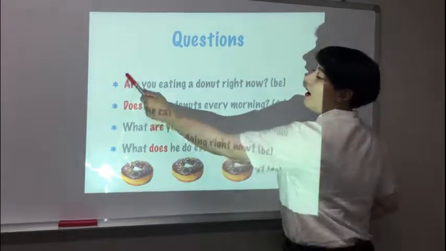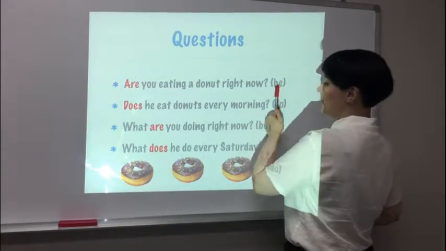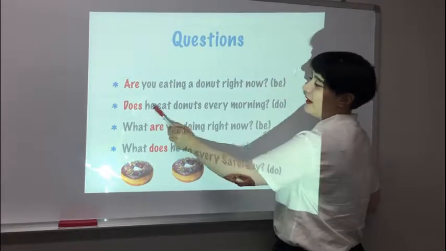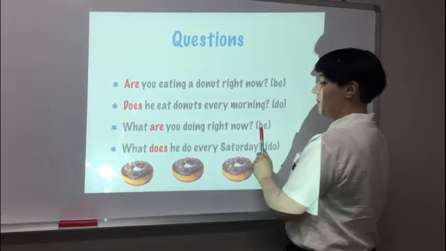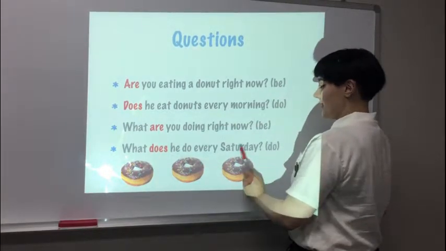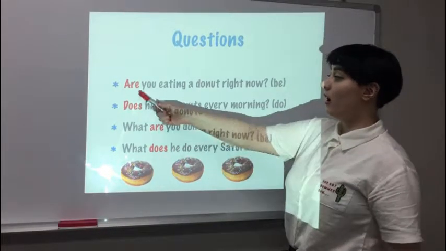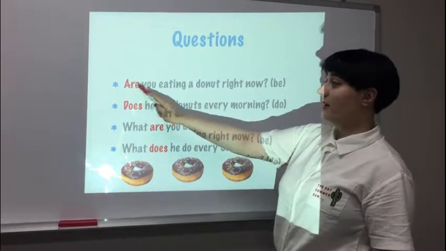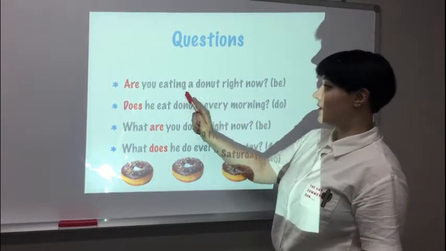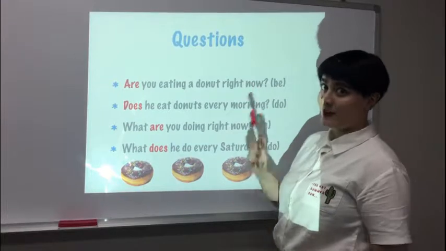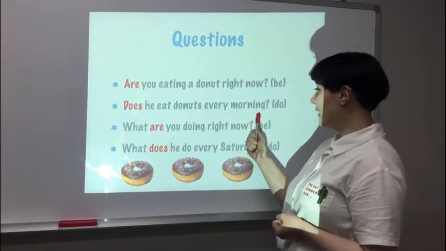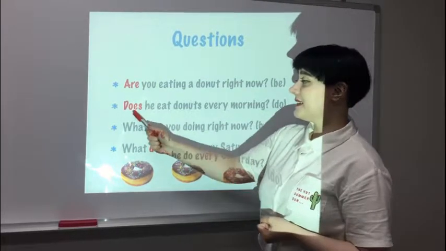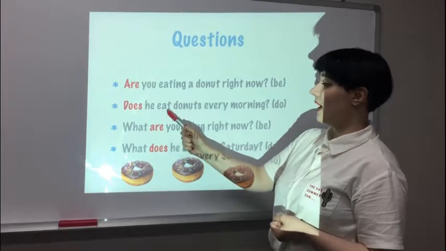As you can see, are is a form of be. Does is a form of do. What are you doing right now? Be. What does he do every Sunday? Do. So, are you eating? Are, so it's be plus ing, because we are talking about what's happening right now. Does he eat donuts every morning? Does, and we don't have ing here.